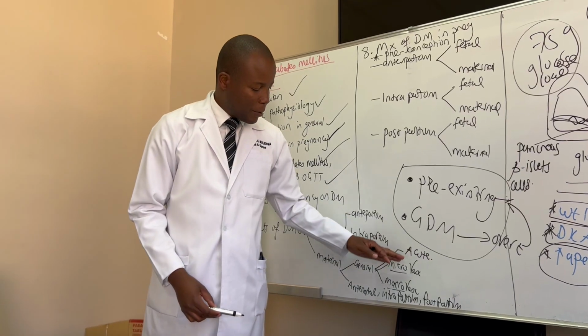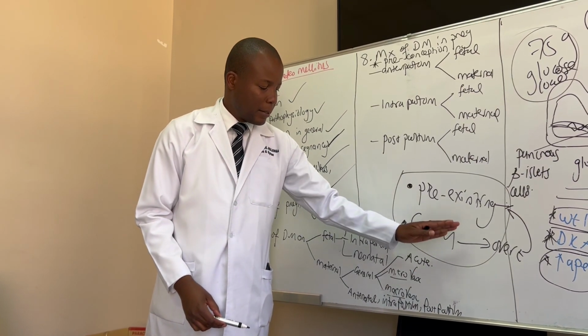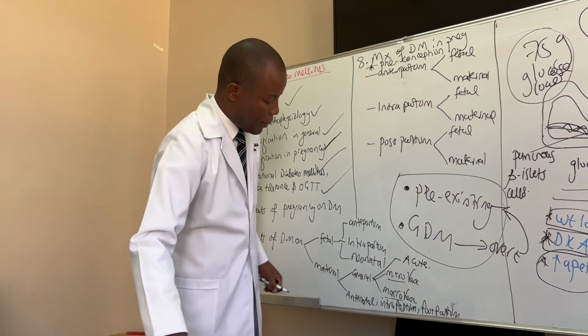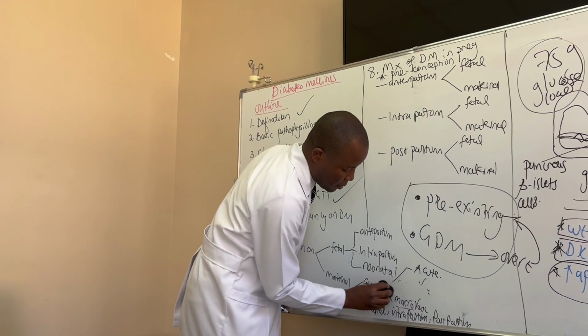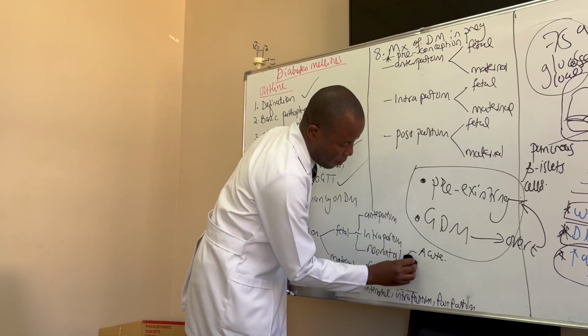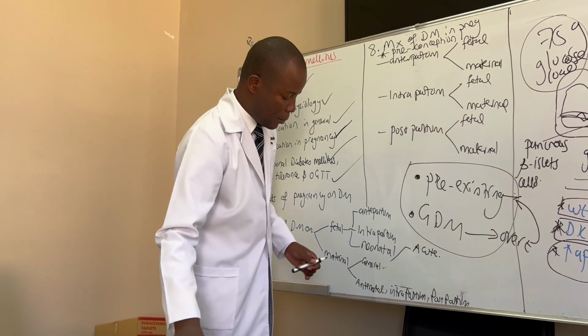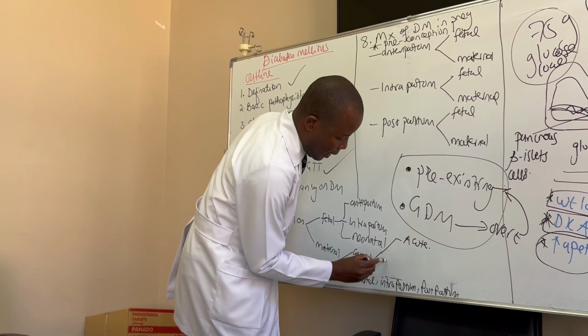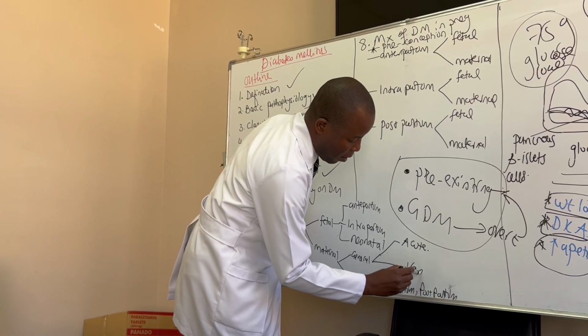So I should have said acute and vascular. Maybe let me put it that way because I don't want it to seem as if there are so many. So there is acute and the vascular.